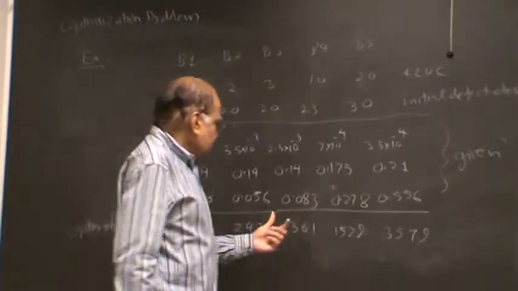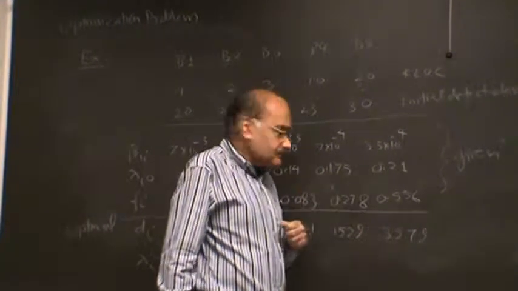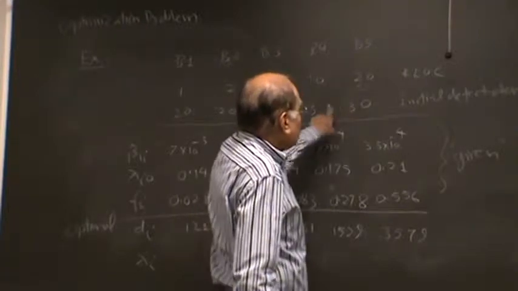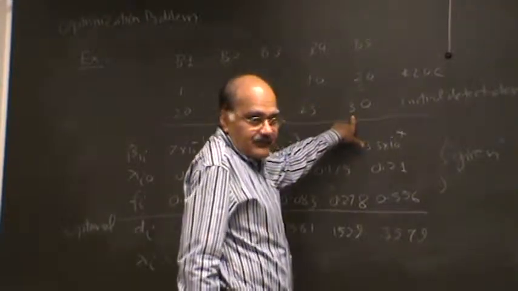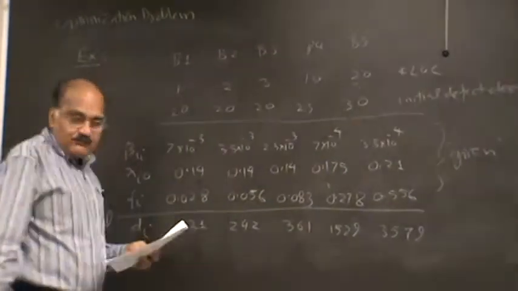So notice that you spend a lot more testing time here for two reasons. These two modules are bigger, and also they have higher defect density. And what would be the final optimal failure intensity?